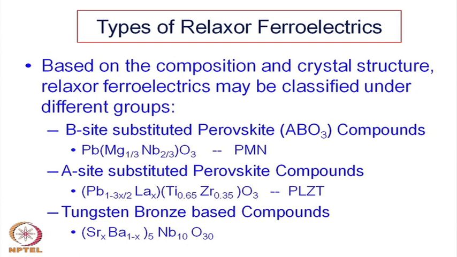We have discussed PZT in greater detail as a very important piezoelectric material, but here it is not pure PZT. Lanthanum has been used as a dopant, so part of the lead has been substituted by lanthanum. The formula is as follows: Pb 1 minus 3x by 2, La x, then Ti 0.65, Zr 0.35, O3.